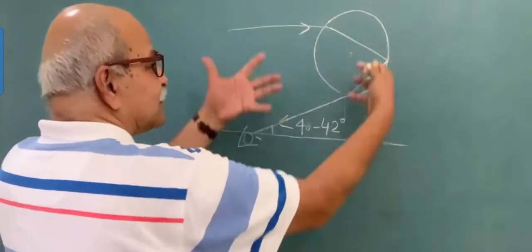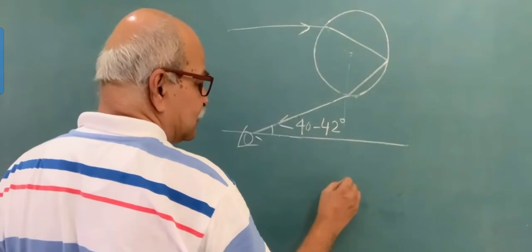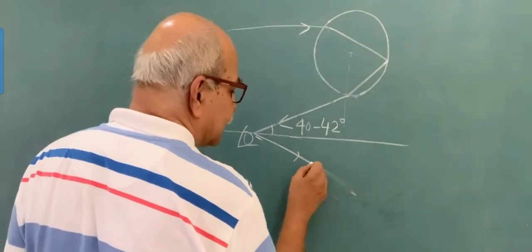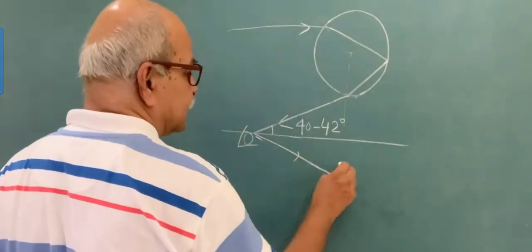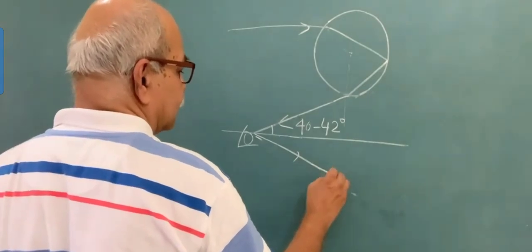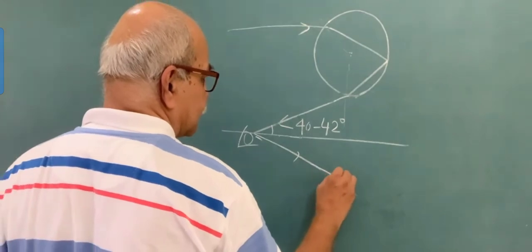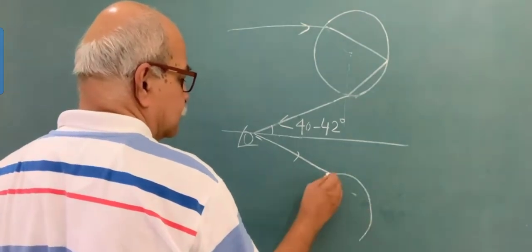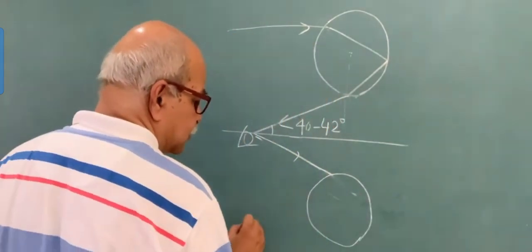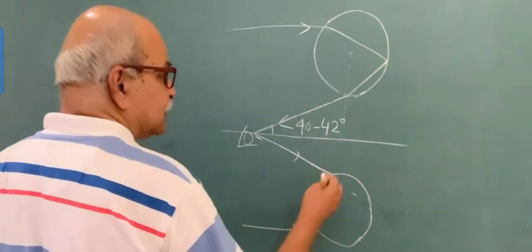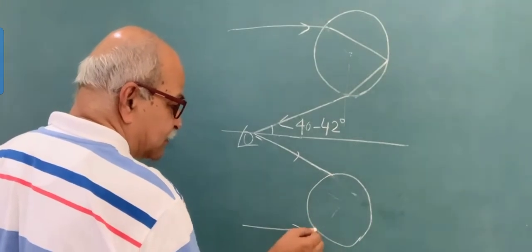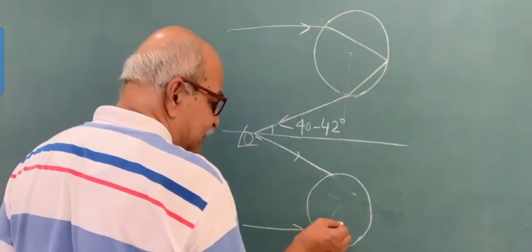Just reflect this whole thing here, and suppose this is the 42-degree line, and then my drop is like this. Light enters somewhere here, just reflecting it, and then there is a refraction, so it goes like this.